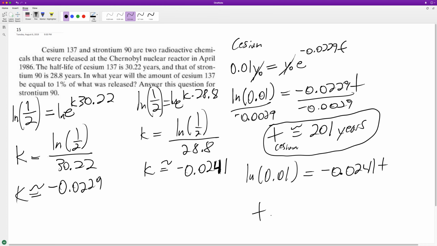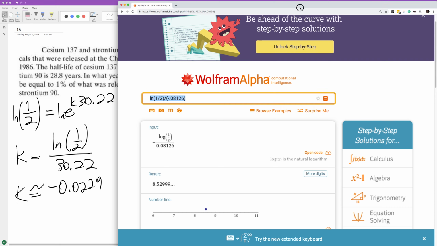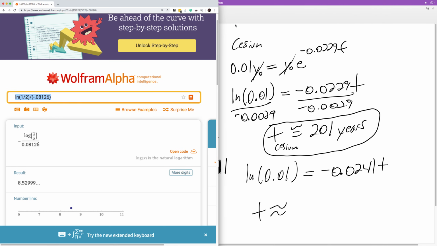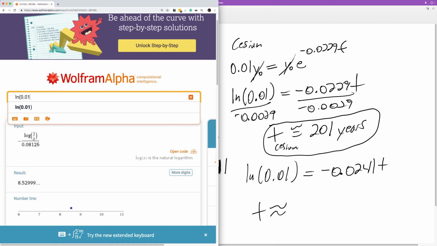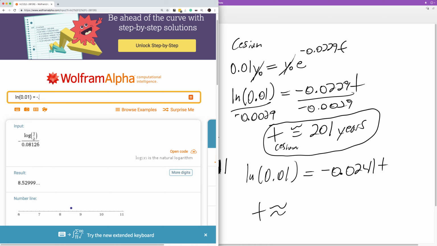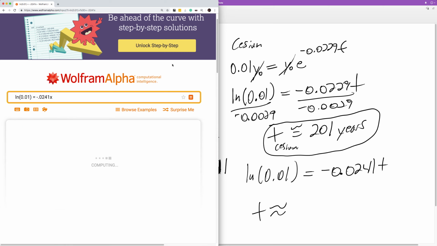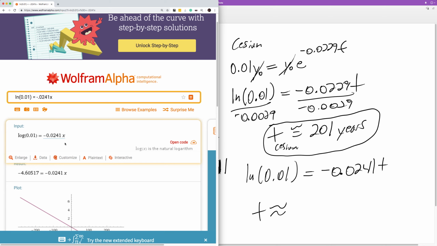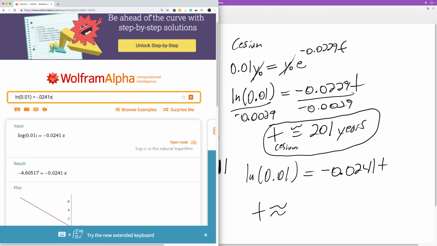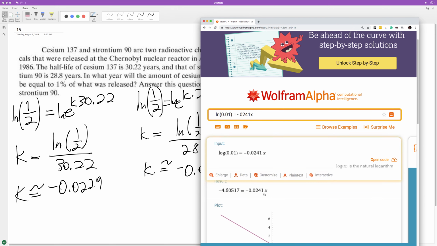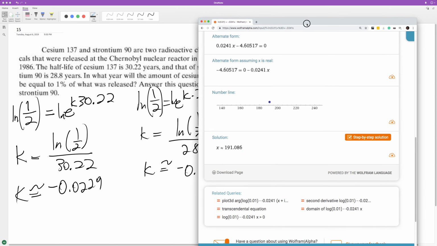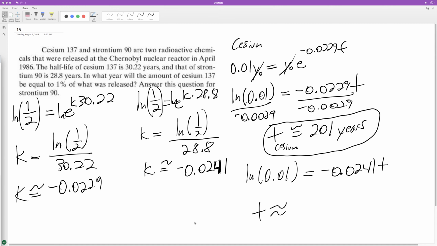So t is going to be approximately 191 years. We'll just round down. So approximately 191 years for strontium 90.